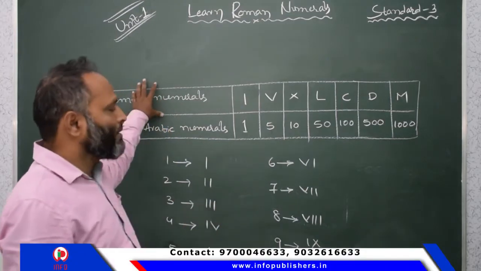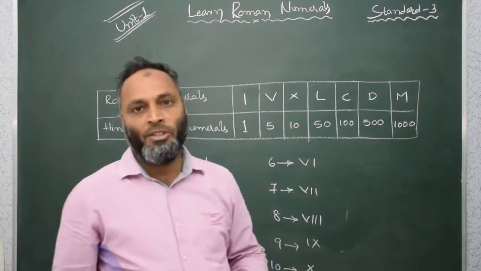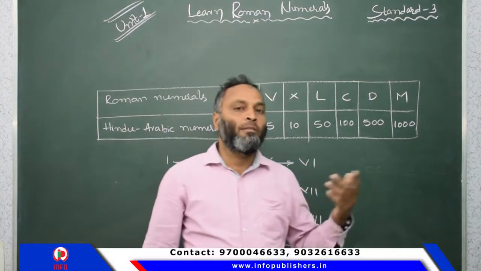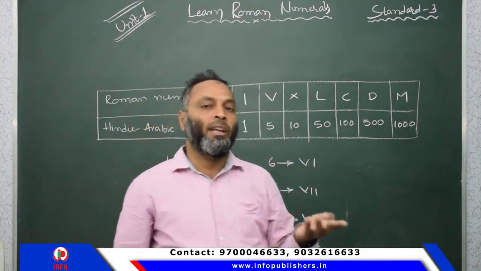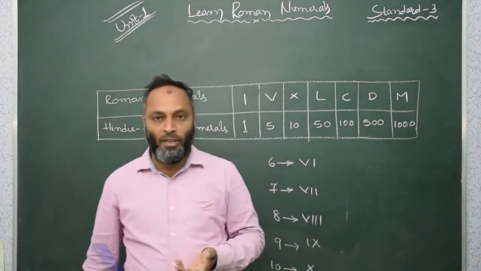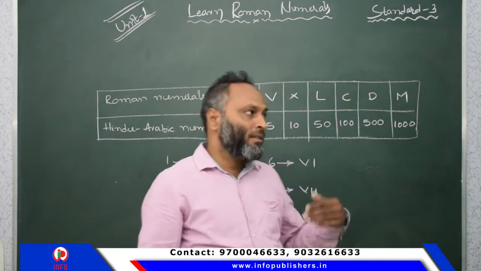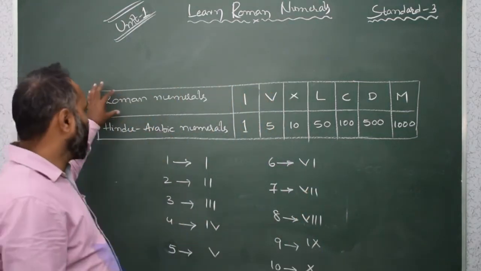Worldwide, people generally use many digits from 0 to 9, and we know all these numbers very well. But other numerals also exist, and they are Roman numerals.